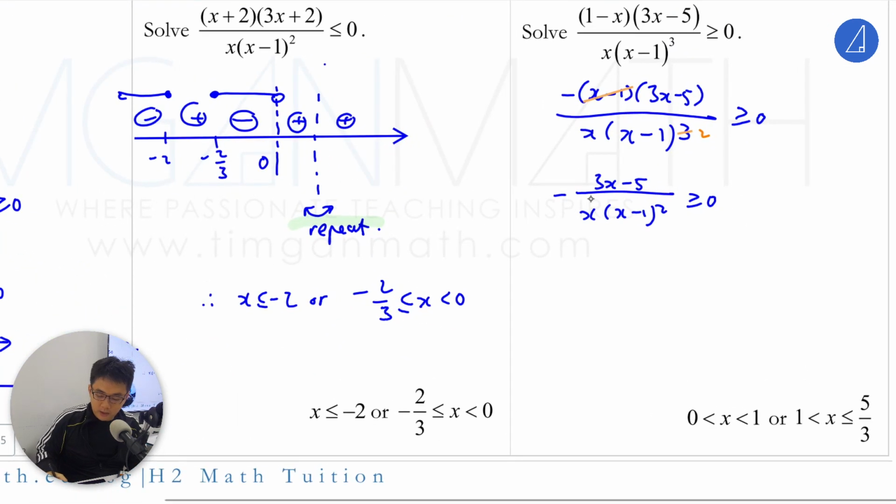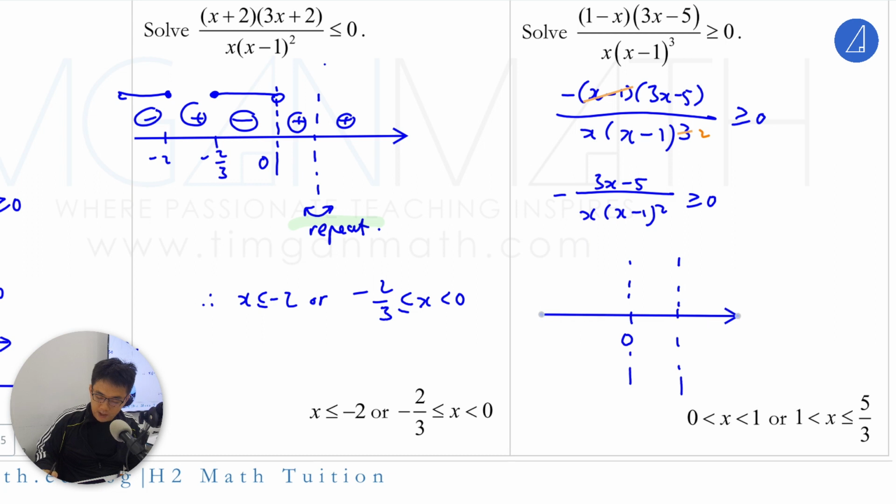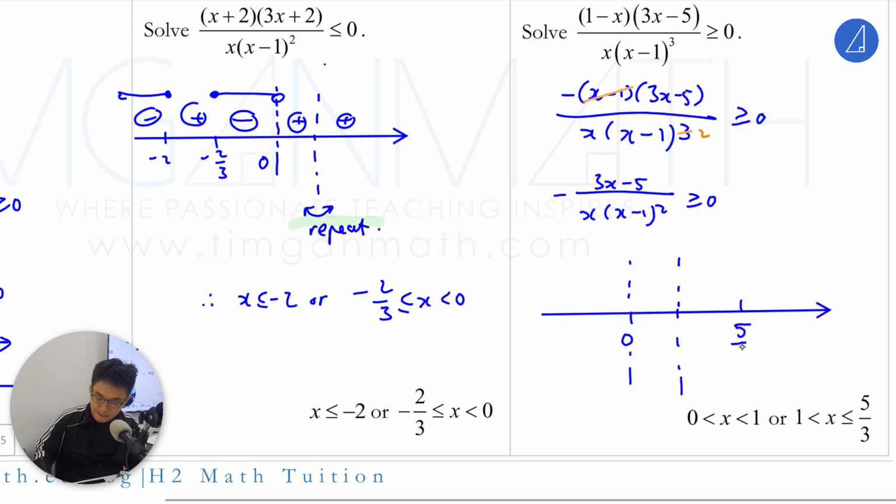Then what you do is you can multiply by negative on both sides to remove the negative, not an issue. But if you want to do this straight, also can, not an issue. So 0, 1. Then 5/3 will be bigger than 1. Put a very big value, a million, a million, a million. Positive, positive, positive.